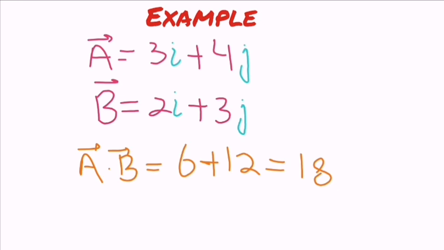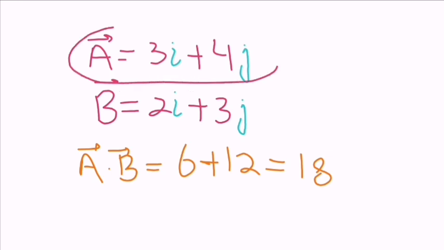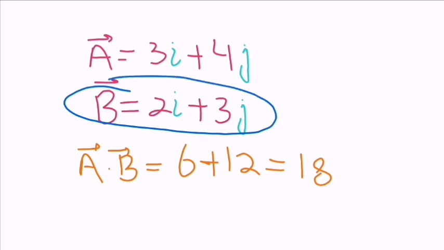Now example. Consider two vectors A and B. Vector A is equal to 3i plus 4j, and another vector B is 2i plus 3j.